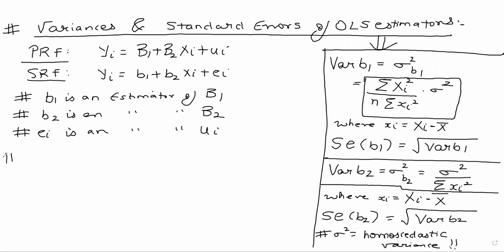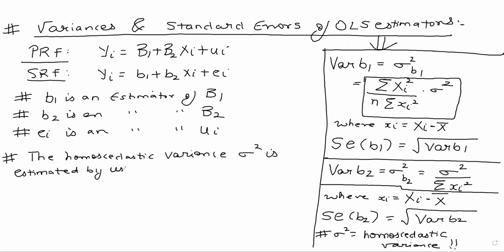What will the estimator of sigma square be? The homoscedastic variance sigma square is estimated by using the following formula.